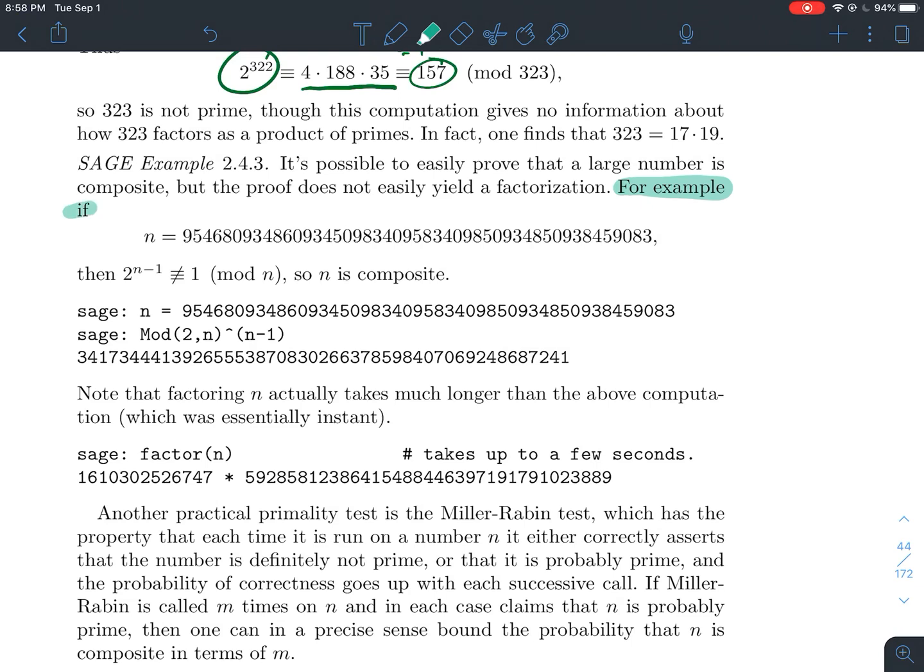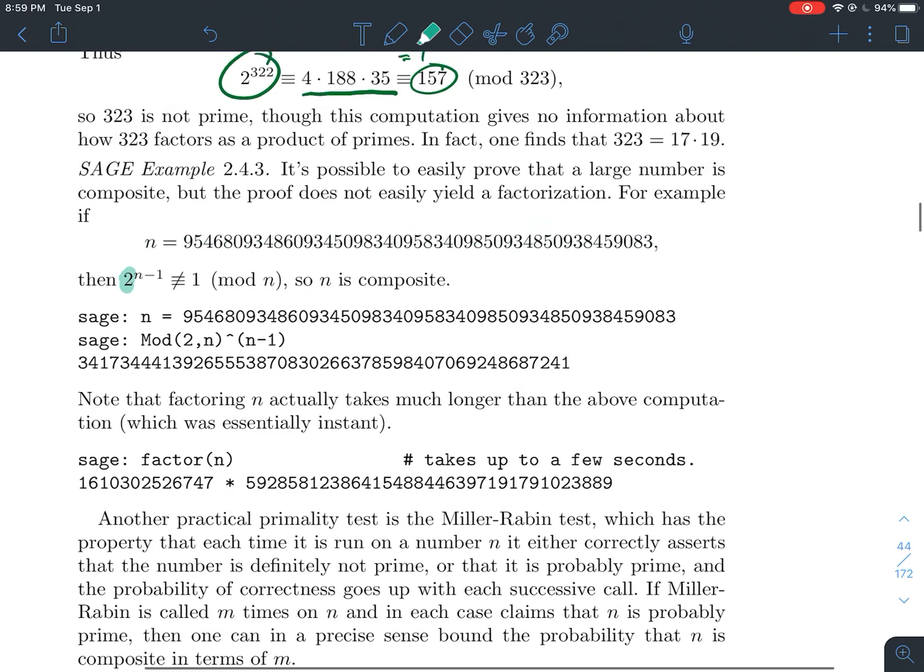So what if I took, for example, some massive number? I have no idea how to say that in people words. But what we could show is 2 to the 1 less than this number, in other words, change this 3 to a 2, is not congruent to 1 mod n, so that would show that this number is composite. So again, where does this 2 come from? Why is it special?